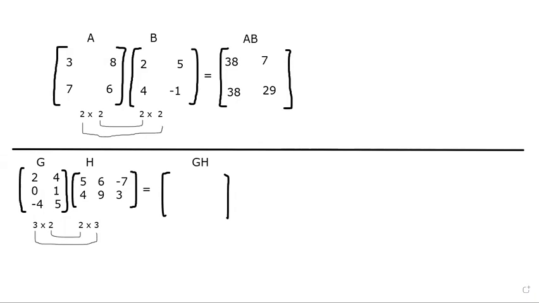All right, so now we have to execute everything here. Now we do the first row times the first column, first row times the second column, and then the first row and the third column. So let's look at here. We have 2 times 5 plus 4 times 4.